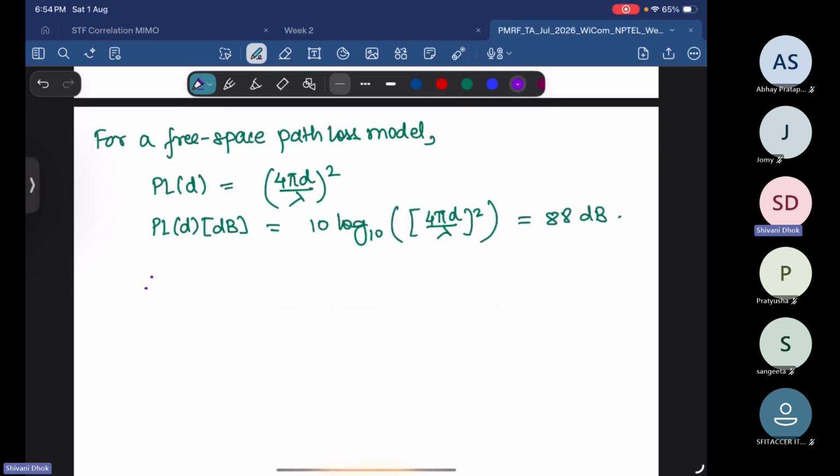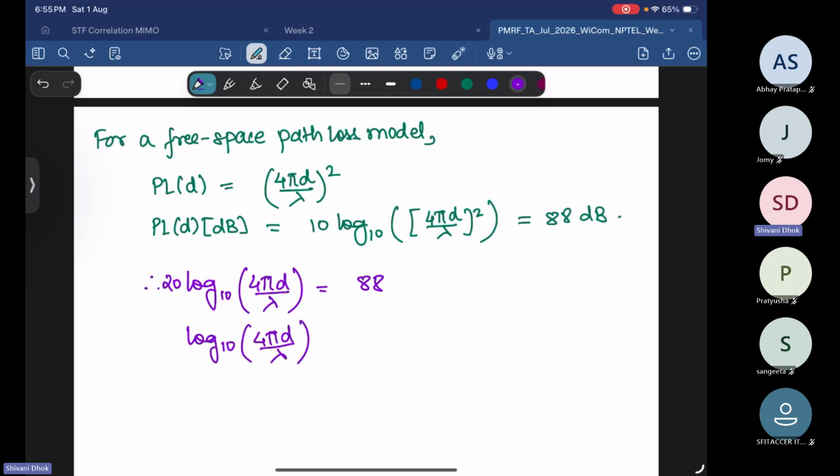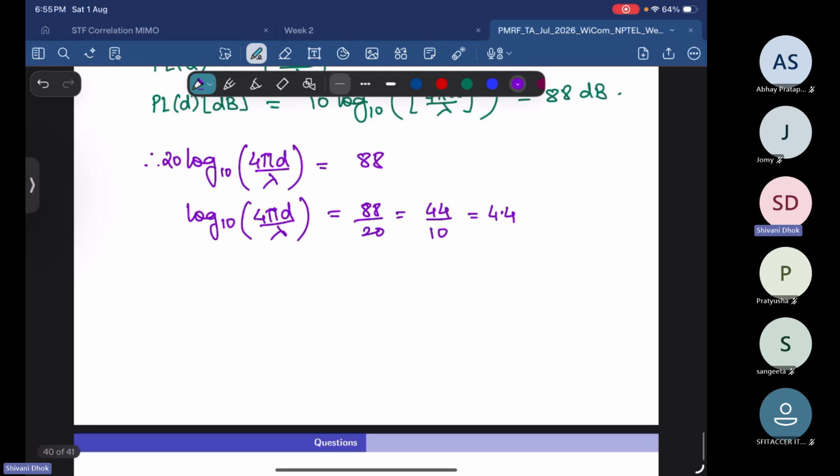So therefore, 20 log to the base 10 of 4 pi d by lambda is equal to 88. So log to the base 10 of 4 pi d by lambda is 88 by 20, that is 44 by 10, which is nothing but 4.4.